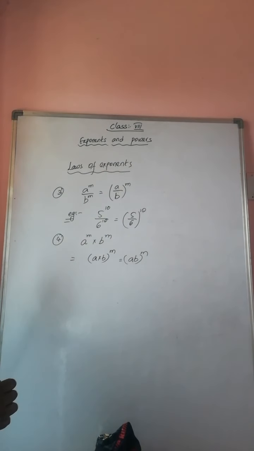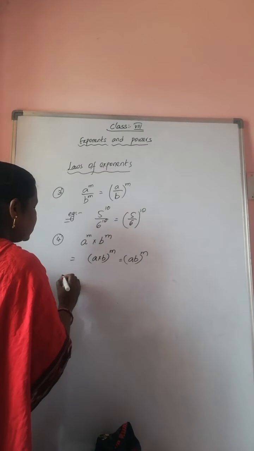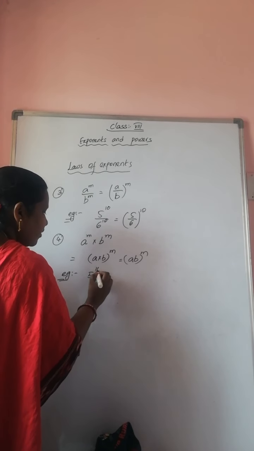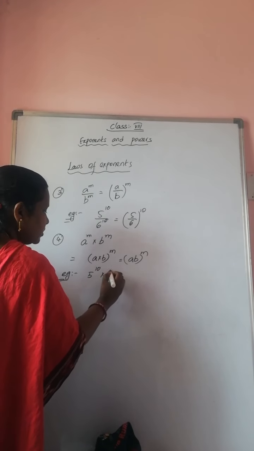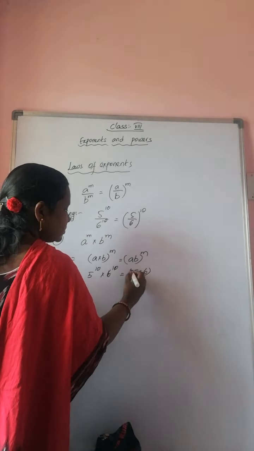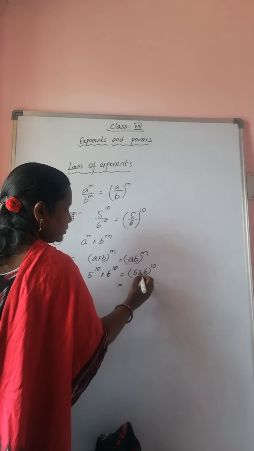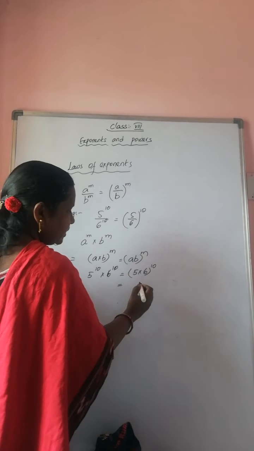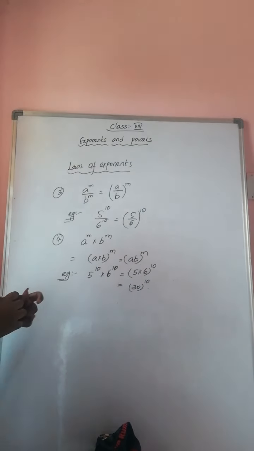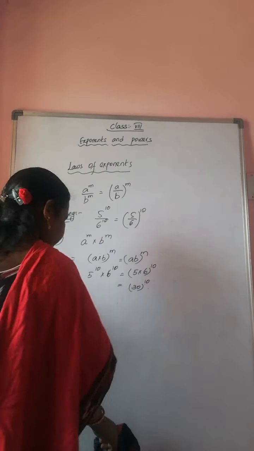Isn't it? Okay. For this, the example: 5 power 10 into 6 power 10 is nothing but 5 into 6 to the power of 10. 5 into 6 we already know is 30, so 30 to the power of 10.